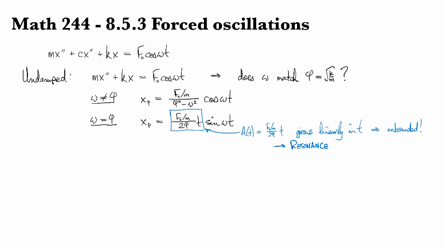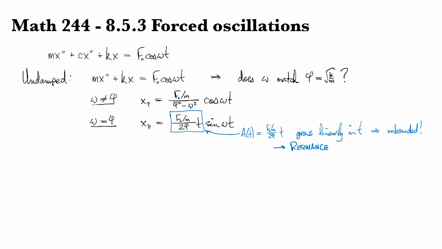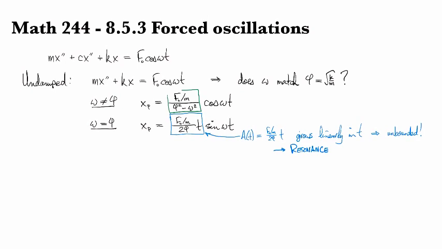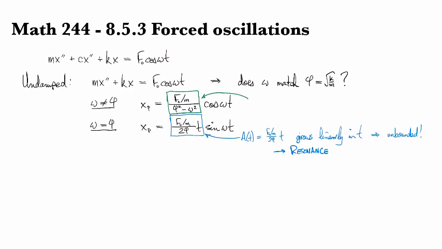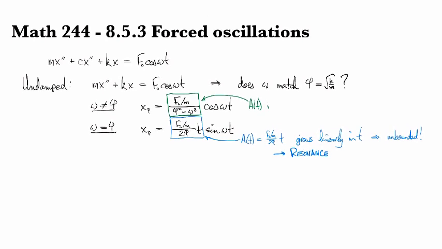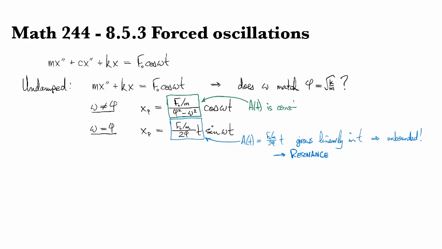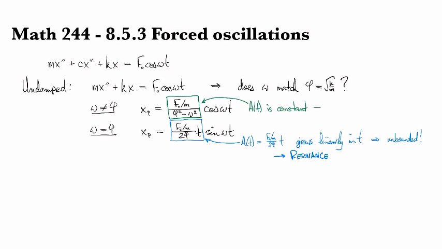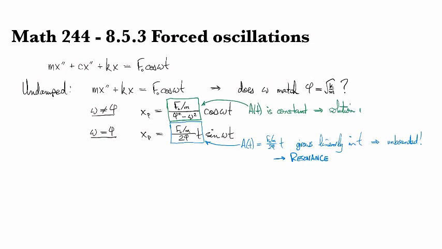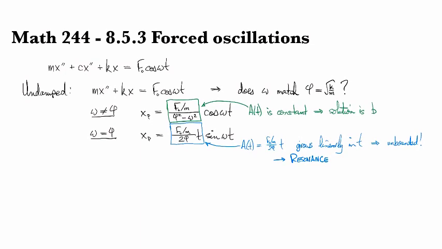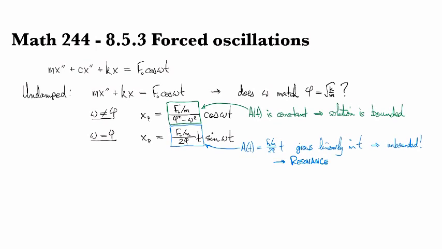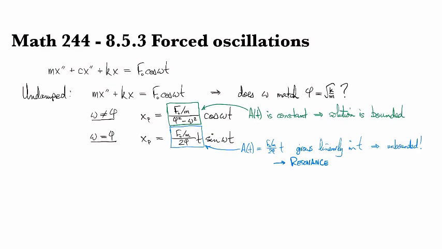Now, in the case of when they don't match, right here, all you have is a constant. And so that means the solution is going to be bounded, as opposed to in the other case.